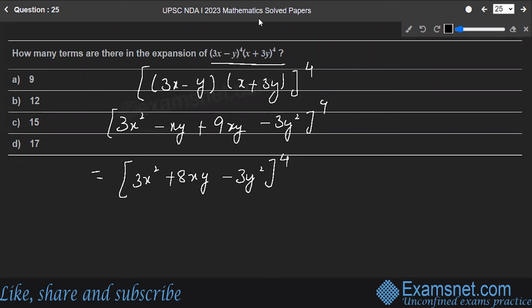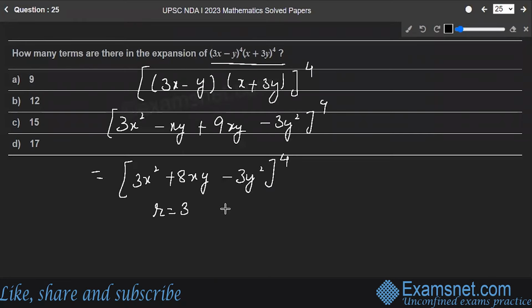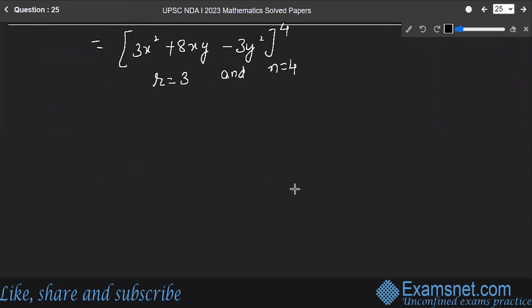So in this case, r is equal to 3 and n is equal to 4. Therefore, the required number of terms will be given by the formula. Actually, let's write down the formula first.